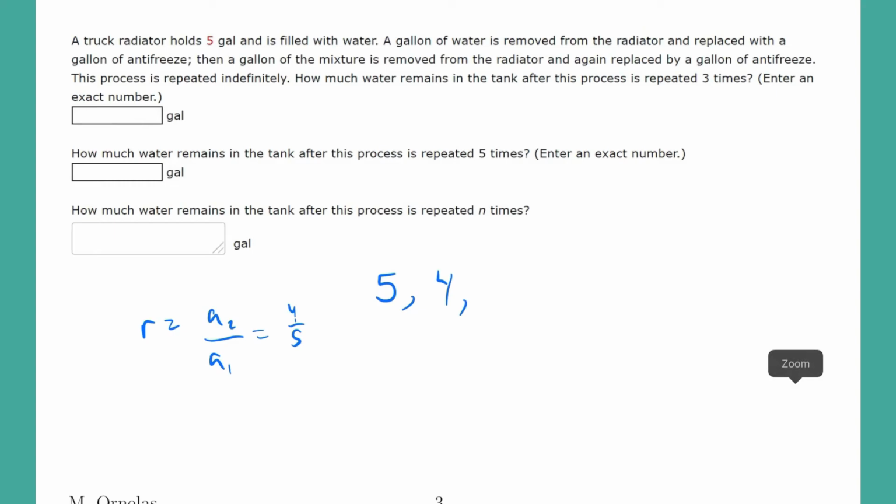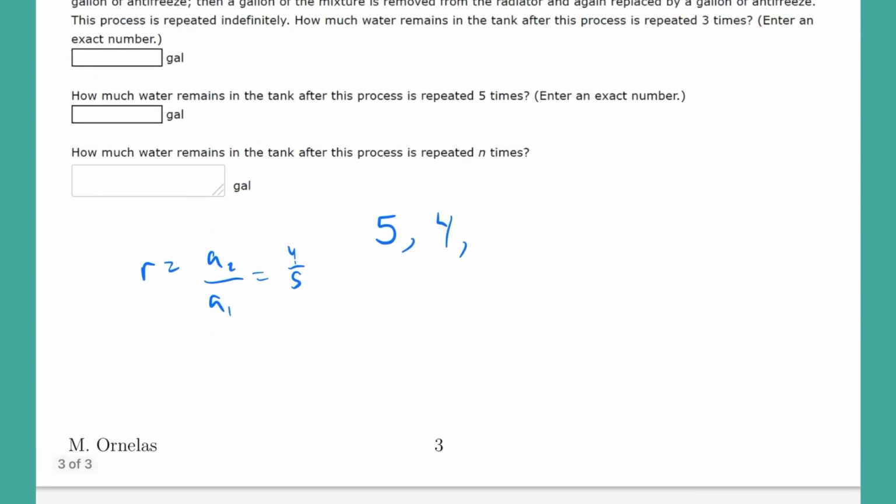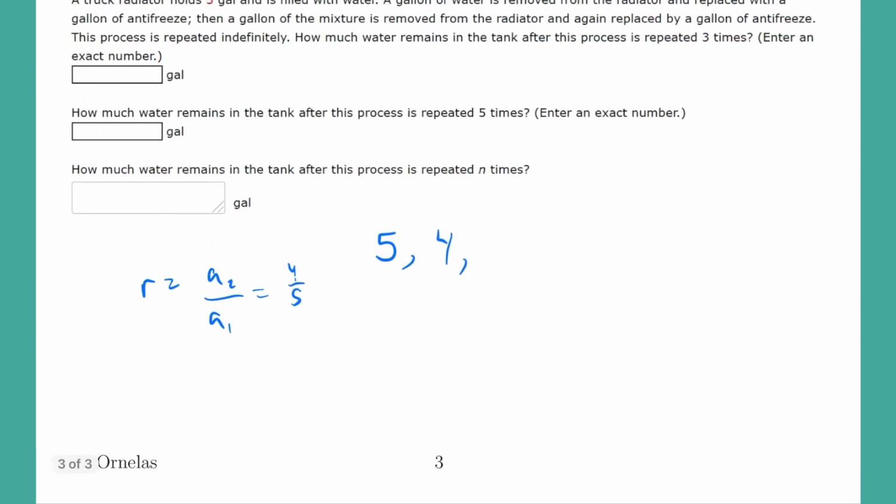So this next one, you're going to multiply 4/5 times 4, which is 16/5. Then you're going to keep doing that. You're going to multiply this by the common ratio. 16 times 4 is 64. 5 times 5 is 25, and so on and so on.